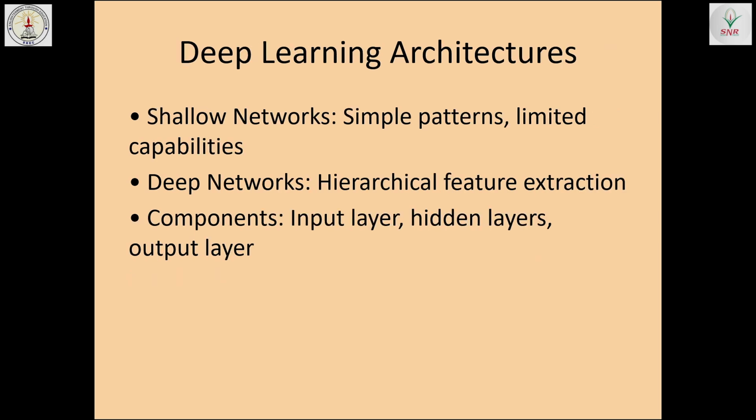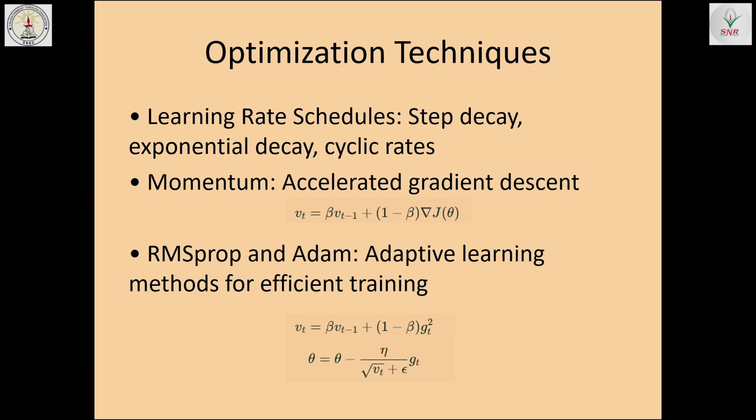In that itself we have step decay, exponential decay, cyclic rates and all that. And then we have momentum, RMS prop and ADAM. So, these techniques come under the optimization techniques.